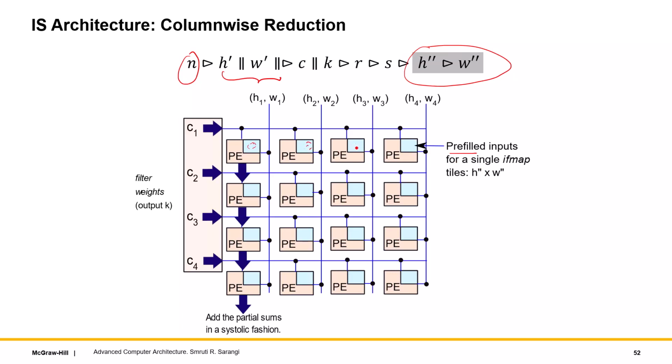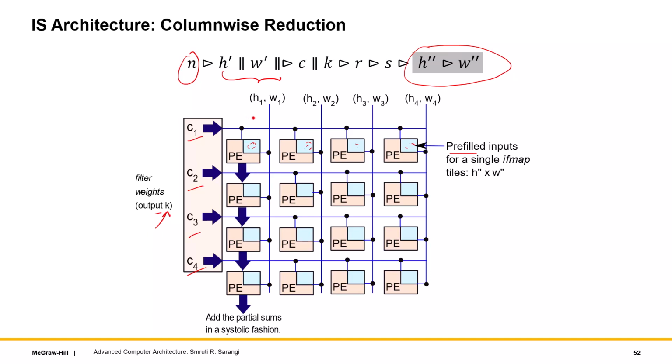Then the filter weights for a given output channel K are broadcast like this, corresponding to channels C1, C2, C3 and C4. So the filter weights will go here and then we'll compute the convolutions.